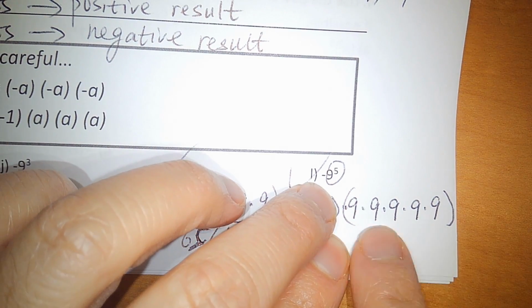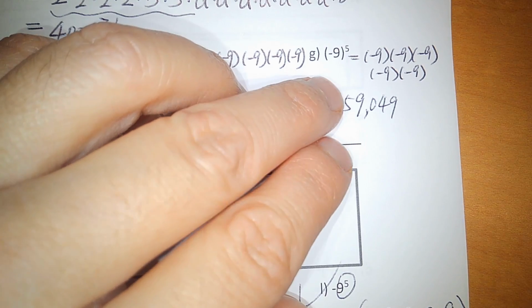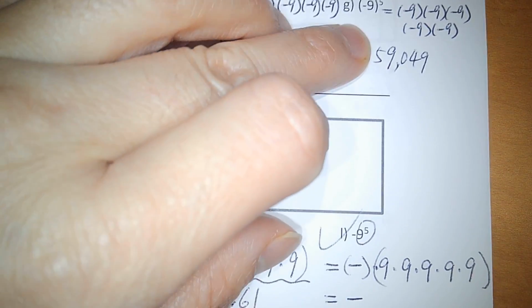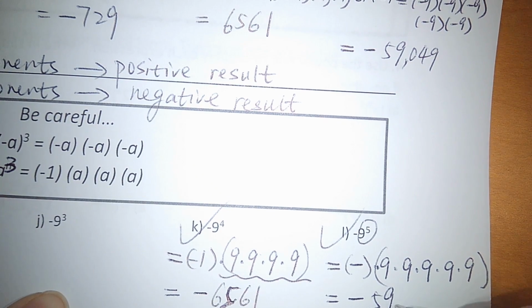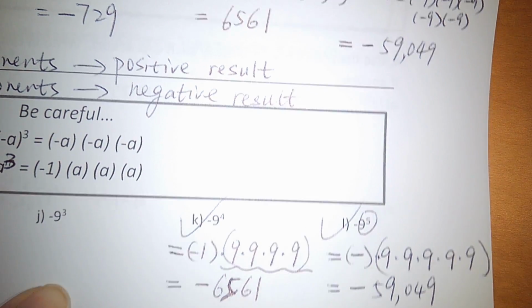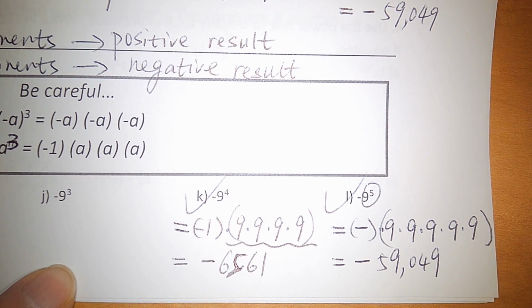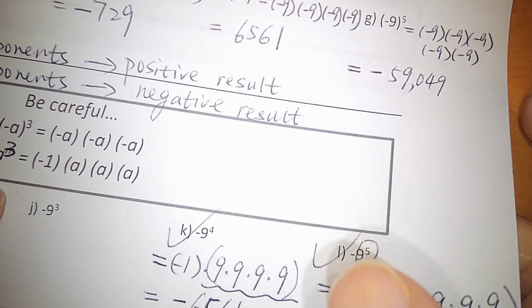Five 9s multiplied together give us 59,049, right? So far so good, everybody? Everybody understand, Jose? Okay, let's move on to the next page.